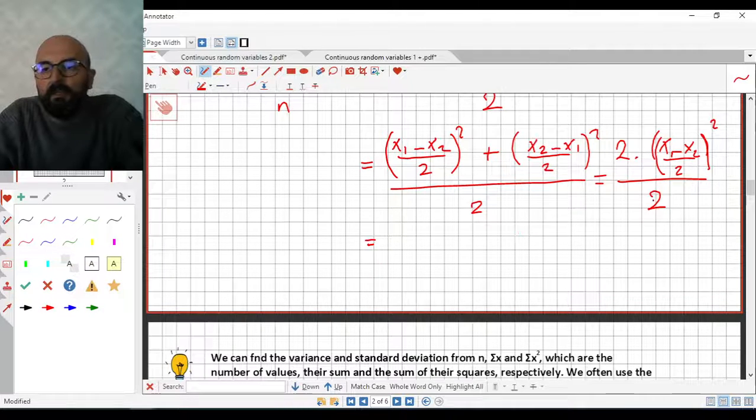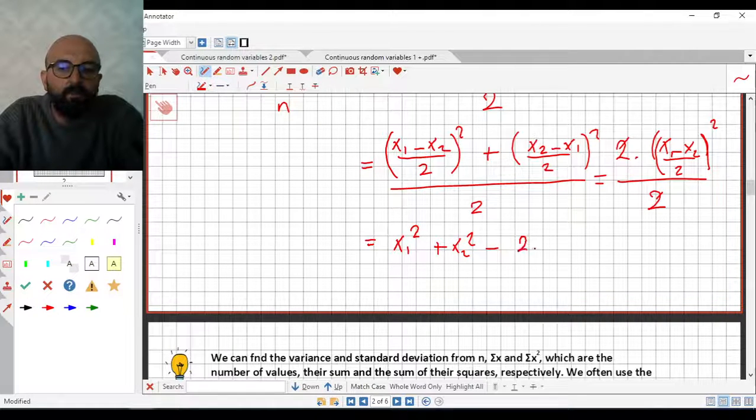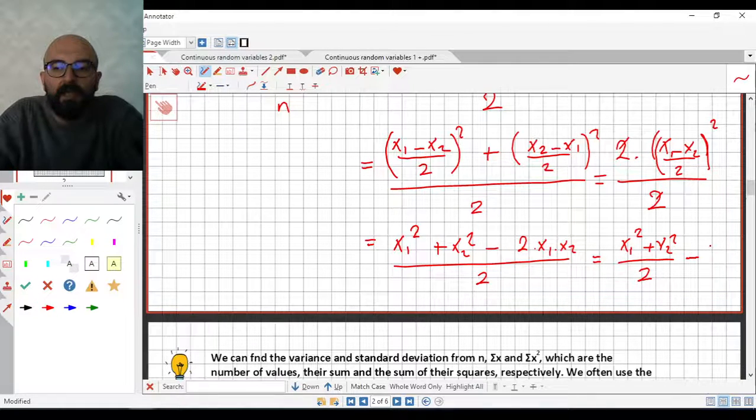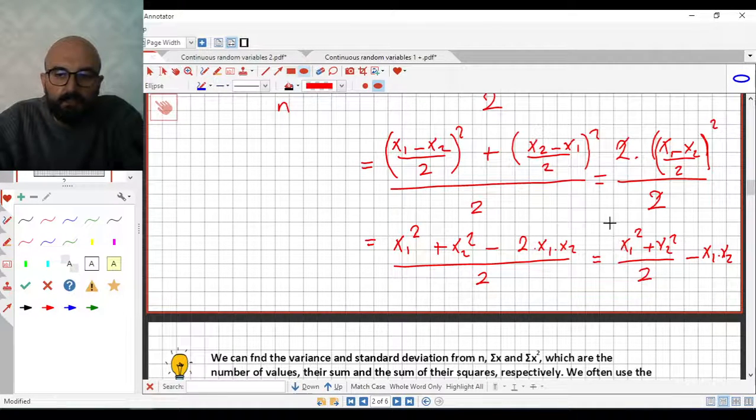And ((x1 minus x2) over 2) squared means (x1 squared plus x2 squared minus 2 times x1 times x2) over 4. So this becomes (x1 squared plus x2 squared) over 2 minus x1 times x2.